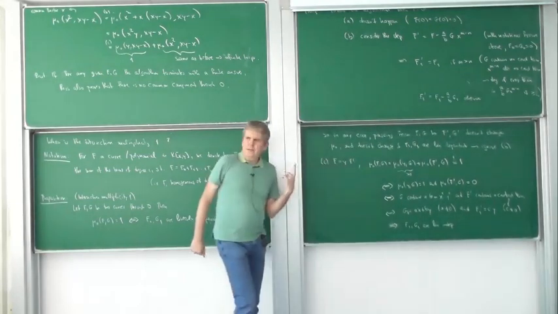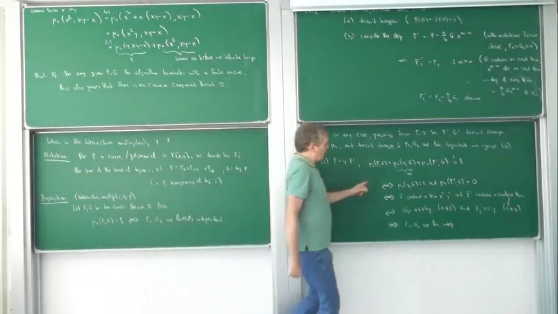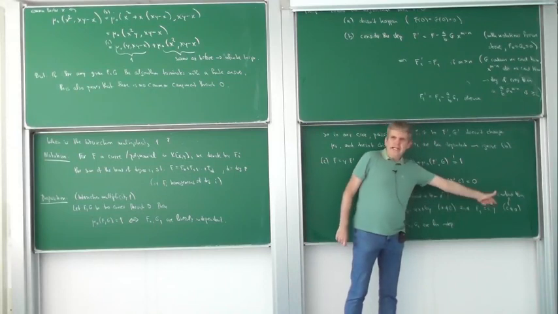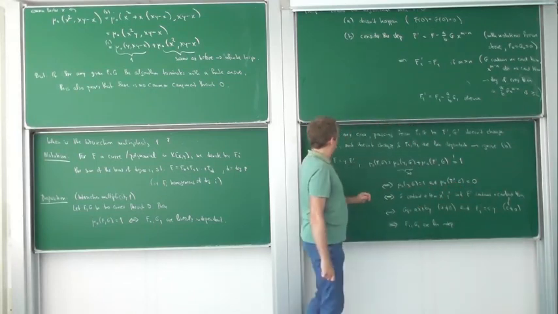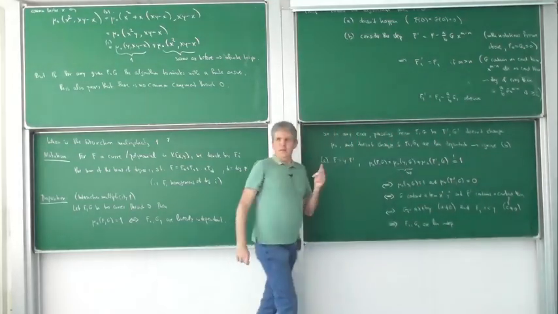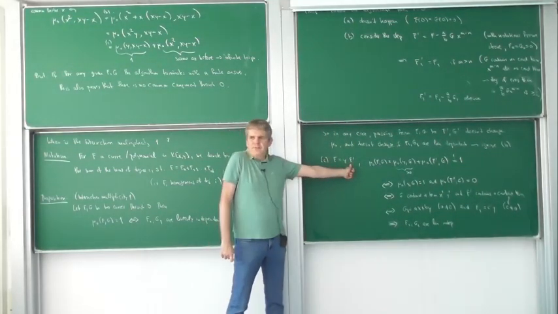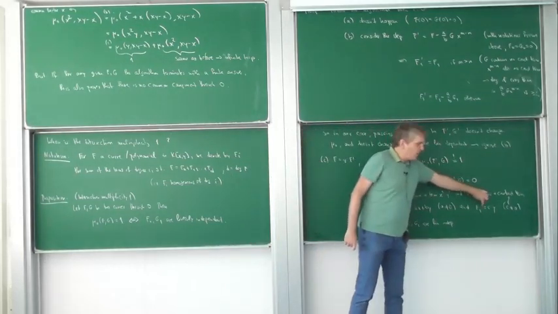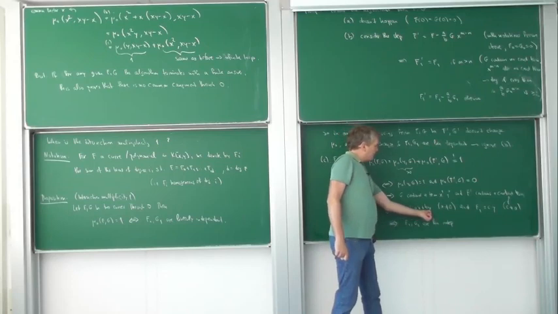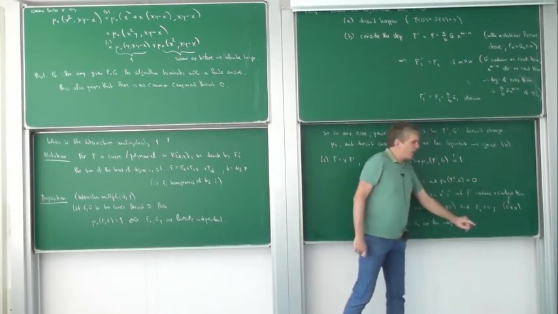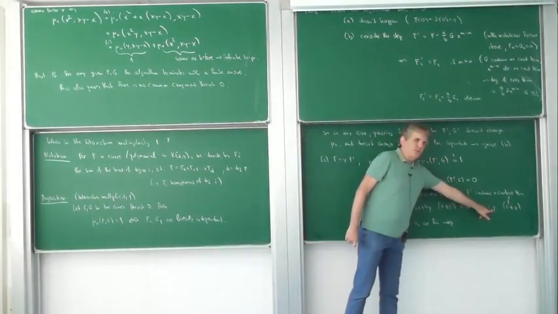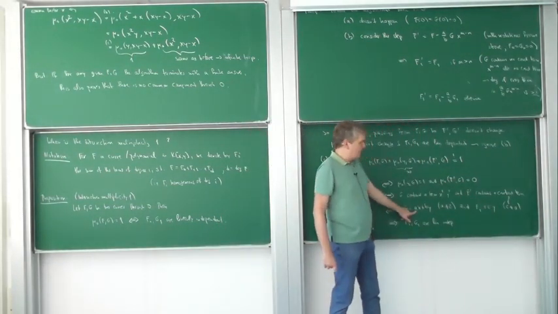But actually, the other way around works as well, because we always have in this case that f1 cannot contain an x term, because f is y times something. So the x term of f1 is always 0. And if we have anything like that with ax plus by and c times y here with no x term, then if they are linearly independent, we must have this number non-zero and this number non-zero.